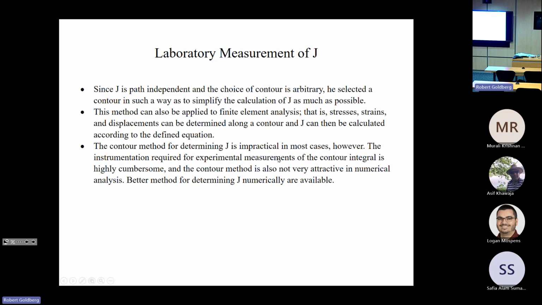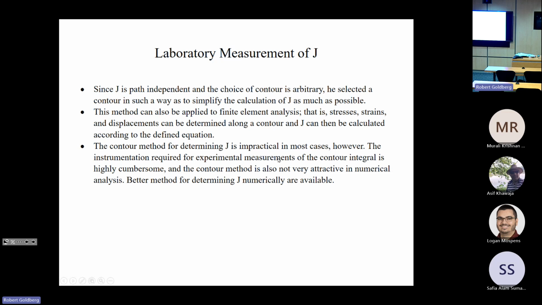In the same way as with a real experiment, you can also do it with finite element analysis. Therefore, stresses, strains, and displacements can be determined along a contour, and J can be calculated according to the equations that we defined earlier. Now, the contour method for determining J in a lot of cases could also be impractical, because if you're doing it with real experiments, you need a bunch of strain gauges and the instrumentation.